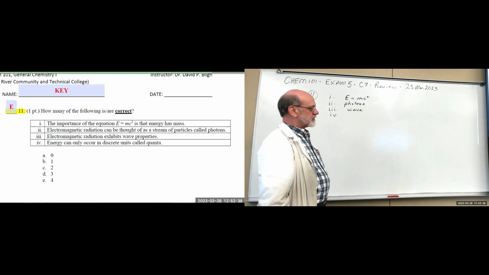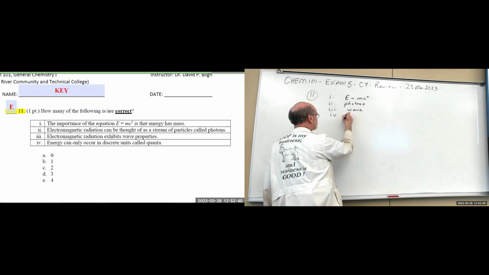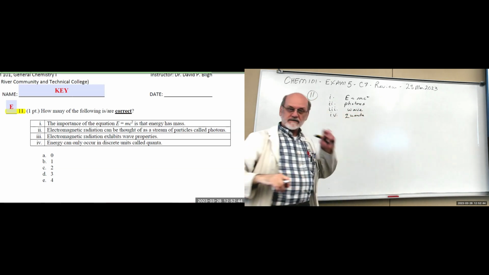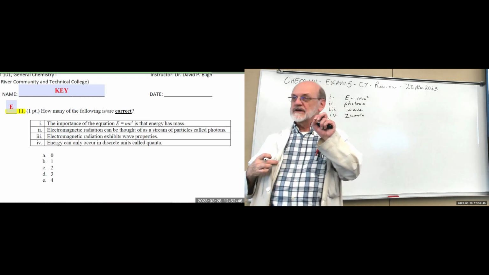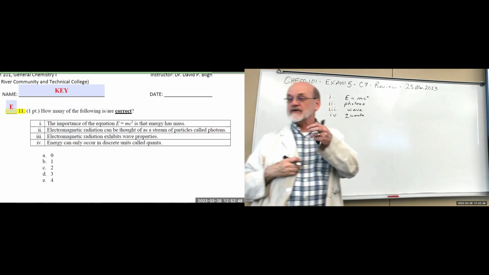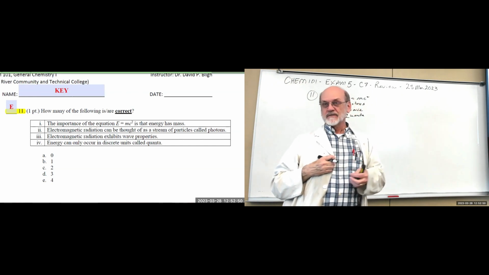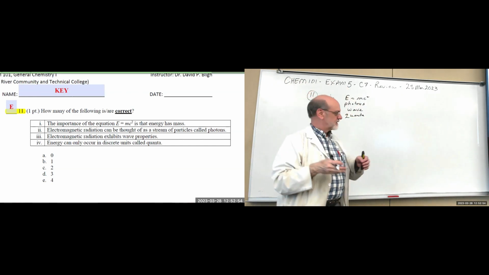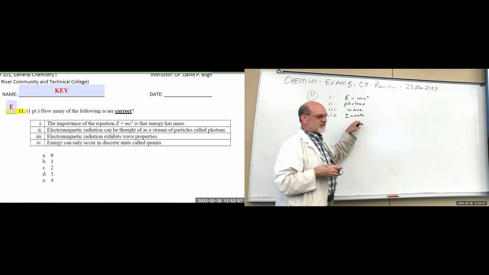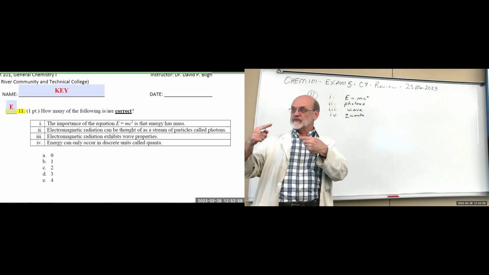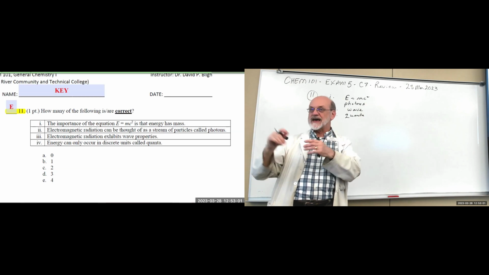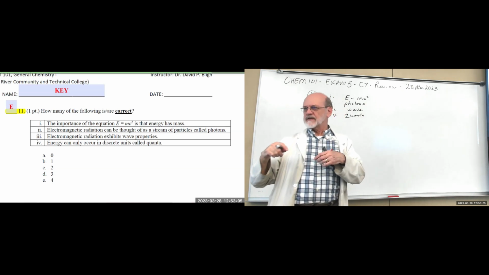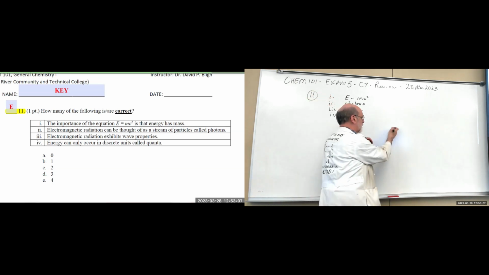Energy can only occur in discrete units called quanta. Indeed, it can. That is what gives us the clues to the electronic structure of atoms, because light only comes off in packets, certain discrete amounts, and that's based upon the movement of electrons in orbitals around the atom. They can't go in between. What would happen if the electron could occupy any position around the nucleus?